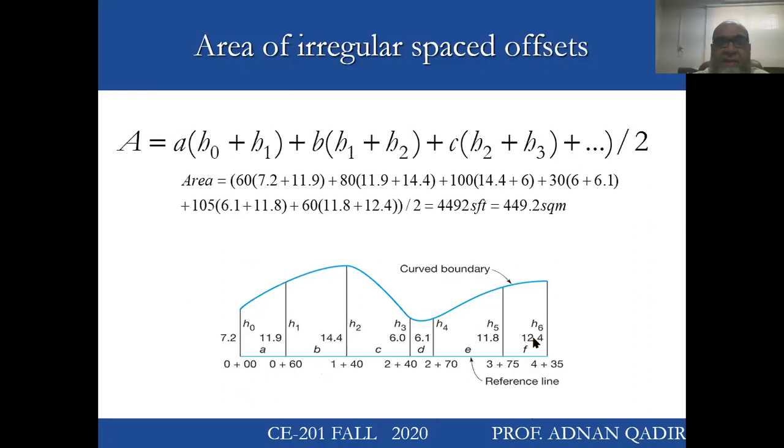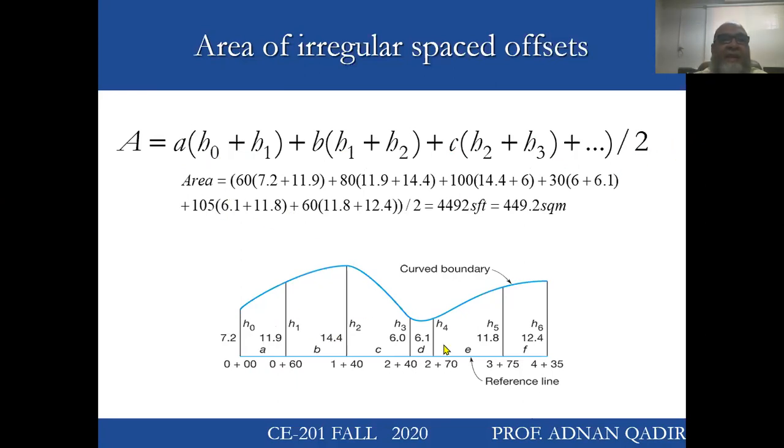But the problem in this data is that the offsets are not equal, like in the previous example. So instead of using that formula, where obviously the offset is not common, you'll use the area of different segments, and then at the end we will add them.